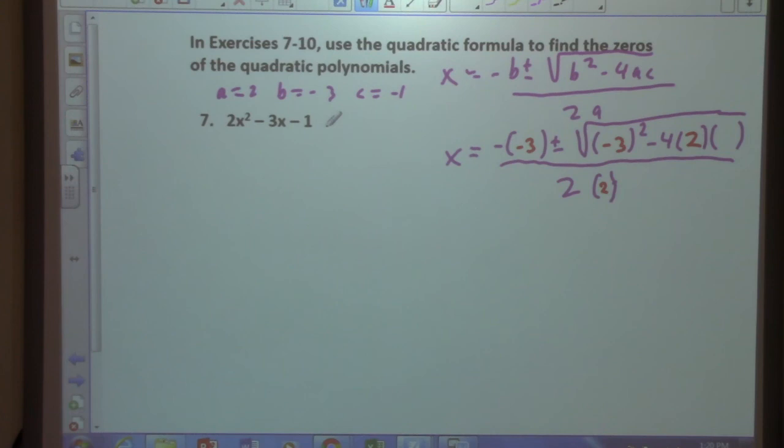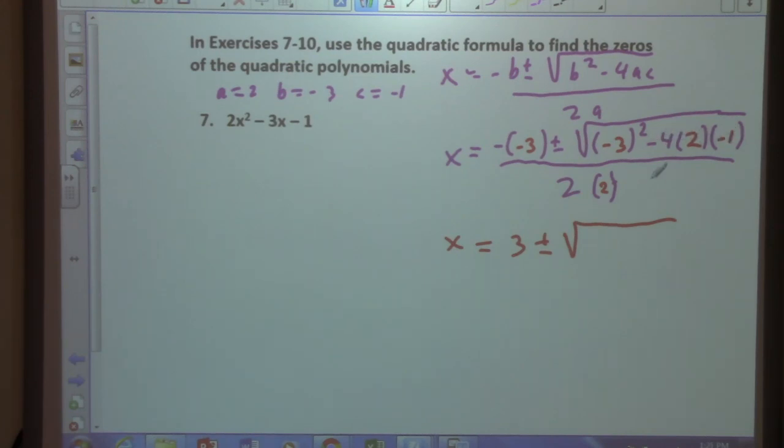And c is going to be negative 1. So now we can go ahead and work this all out. So we get negative negative 3, which is 3, plus or minus the square root of negative 3 squared, that's going to be positive 9. And then this is going to be 4 times 2 times 1, which is 8. Is this going to end up being positive 8?